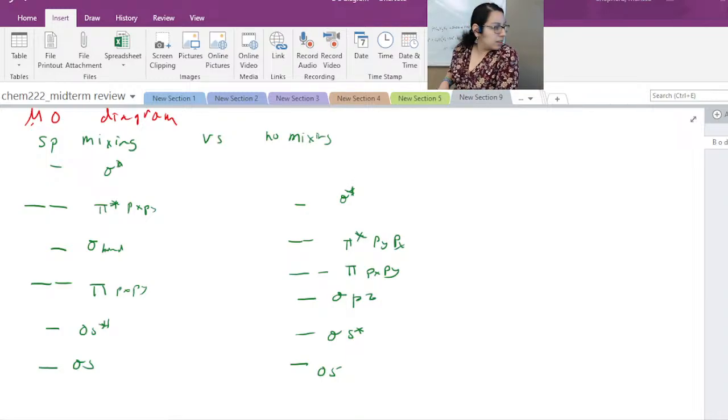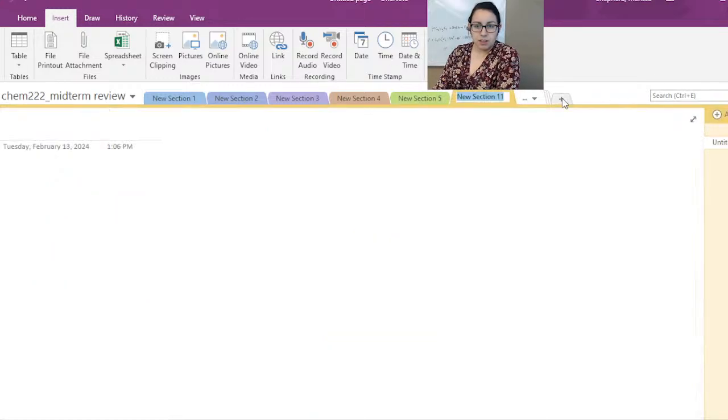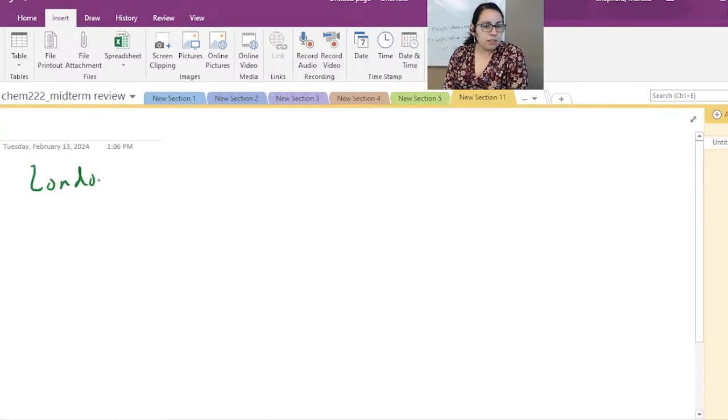Yeah. And then, so London interactions, sorry, there are questions online. So they might be on the test in terms of what bonding, so don't forget that London dispersion is the same as van der Waals.